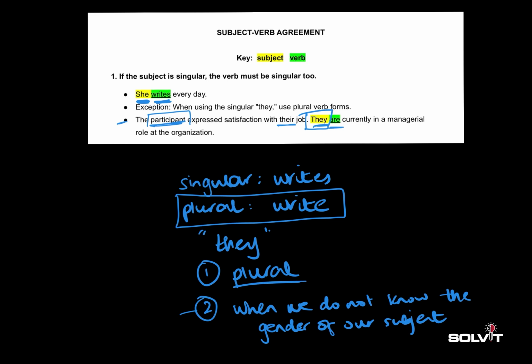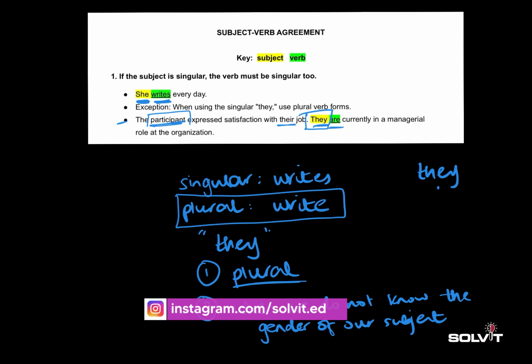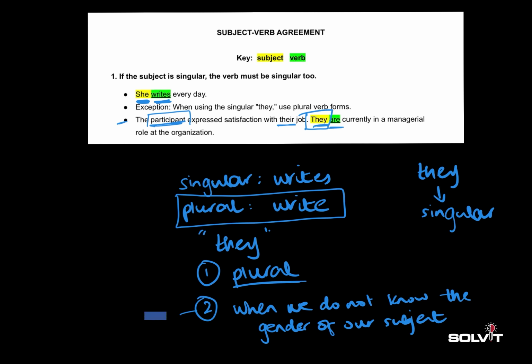So the whole point is that sometimes the word they can take a singular form, as in this case, when we were talking about one participant but we didn't know their gender, so we referred to them as they. But the verb used along with they will always be plural.